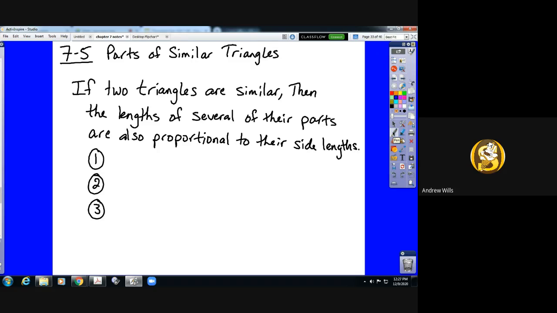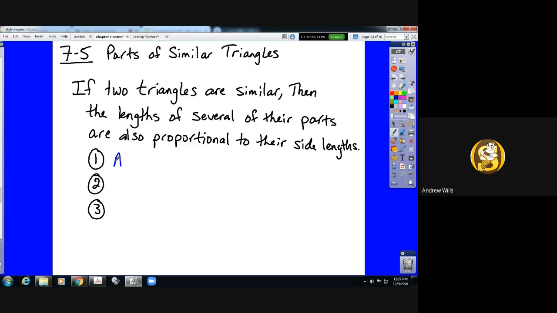Now, we've already spent an entire couple weeks talking about the various parts of triangles. You've got your 4 different types of line segments in a triangle: your angle bisector, your perpendicular bisector, your median, and your altitude. So what we're saying here in this section is that if two triangles are similar, the lengths of several of those parts are also proportional to side lengths.